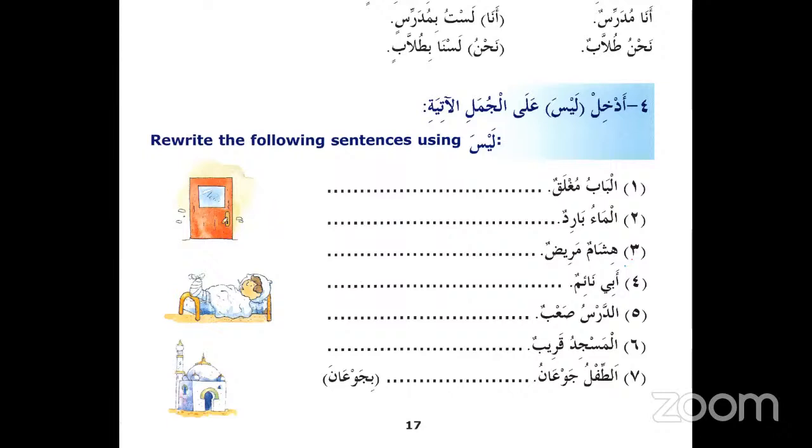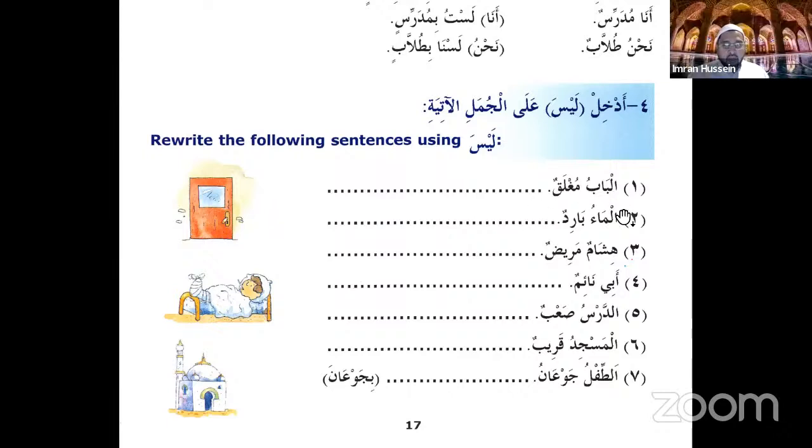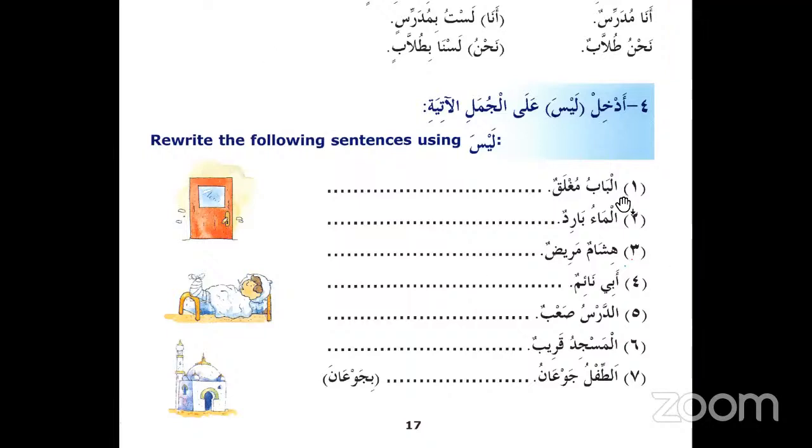I want you to do this exercise again, 1, 2, and 3, and 4, 5, 6, and 7. It will be Sister Huma. Go ahead. Okay. So al-babu mughlaqun becomes laysal babu mughlaqan.